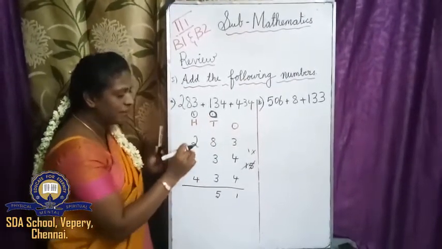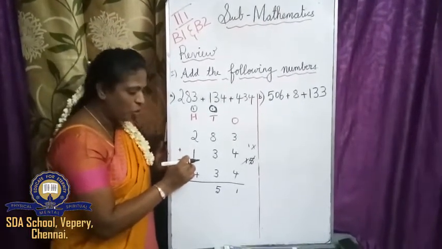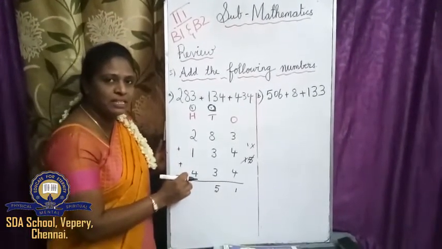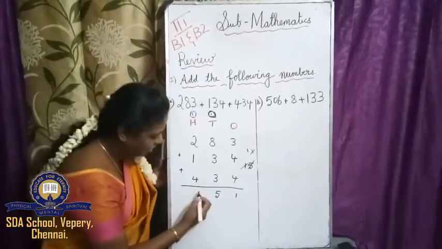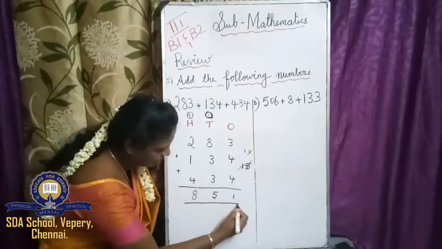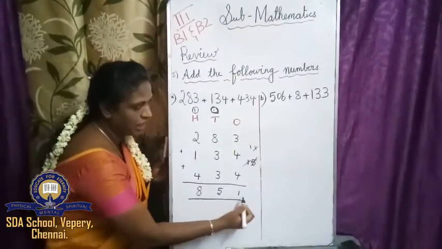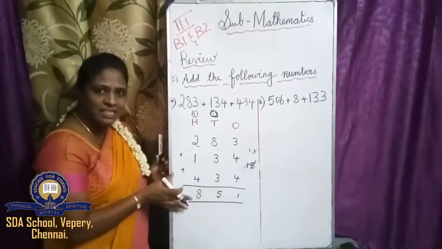Now 1 plus 2 is 3. So 3 plus 1 is 4. So 4 plus 4 is 8. So the total sum, that is the answer, is 851. Did you all understand?